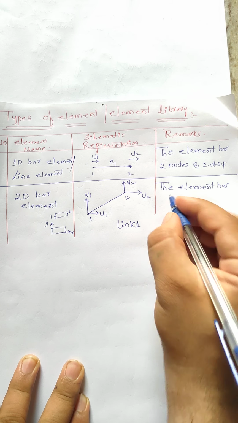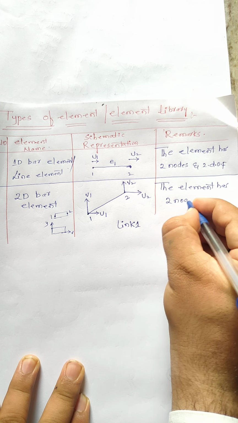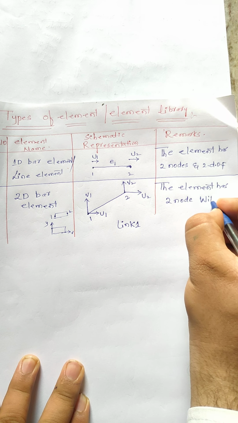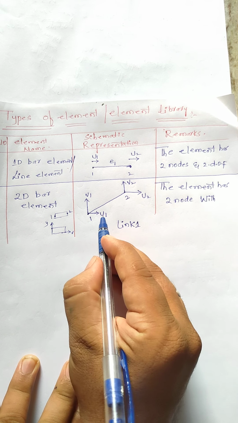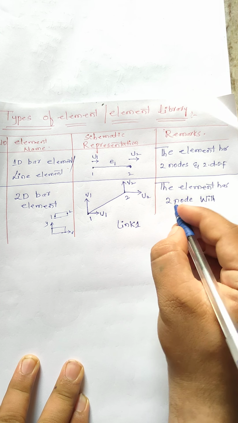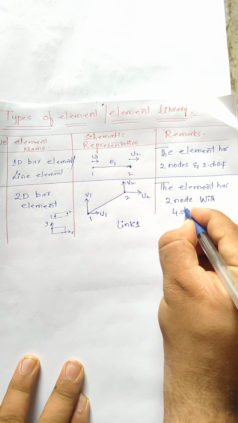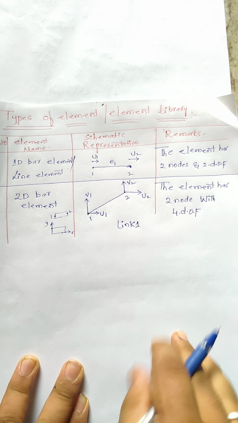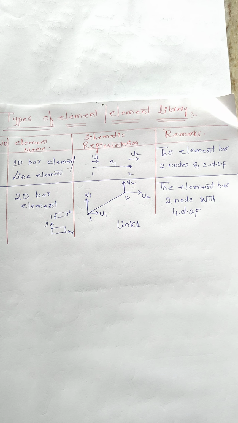First node, second node, 2 nodes with how many degrees of freedom? 1, 2, 3, 4. U1, V1, U2, V2. 4 degrees of freedom. Any confusion here? I think no one is having a doubt regarding up to here.